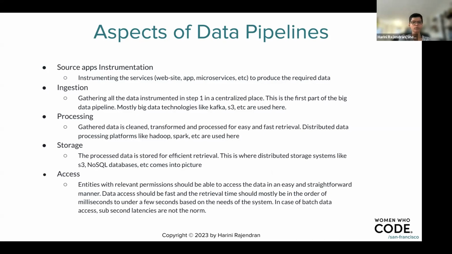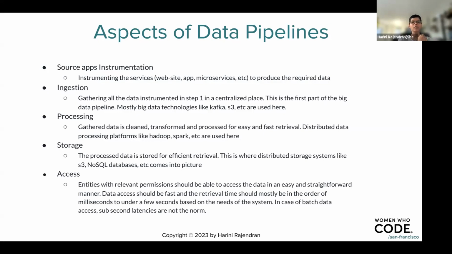Again, to reiterate, you instrument your websites, applications, microservices, or any of the clients to produce the data that you want to transform and derive some insights out of. So that's the first step. If there is no data, then there is no point in building any pipeline. So instrumenting your applications to generate the data that's of interest to you is the first step.